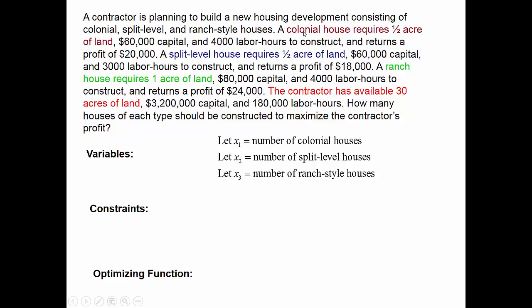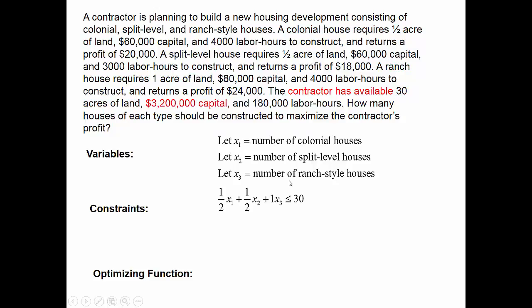And so the number of colonial houses, x1, times 1/2, meaning the amount of land each one takes, is the total amount of land that the colonial houses would take. Similarly, the split level requires a half acre each, so 1/2 times x2 represents the total acres for split level. The ranch requires 1 acre each, so 1 times x3 is the total number of acres for the ranch. And that together cannot be more than 30 acres.